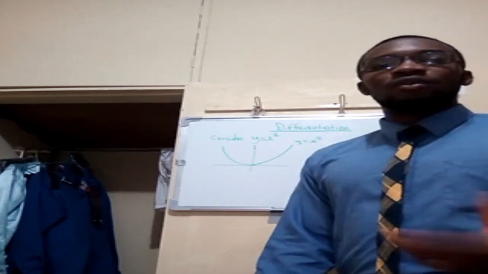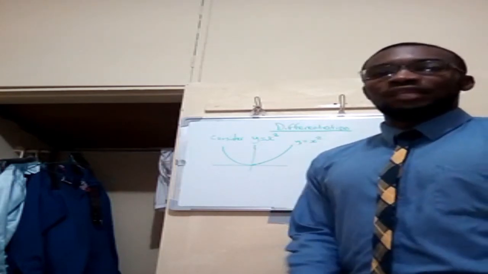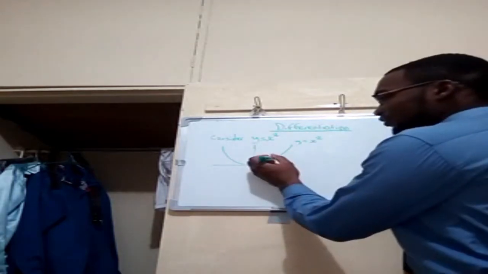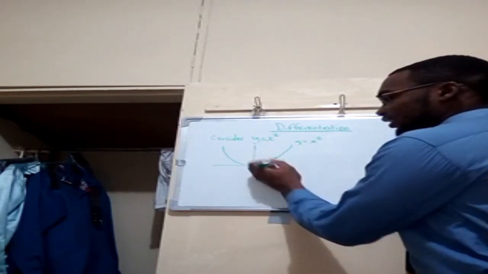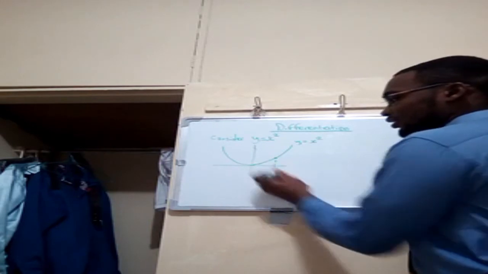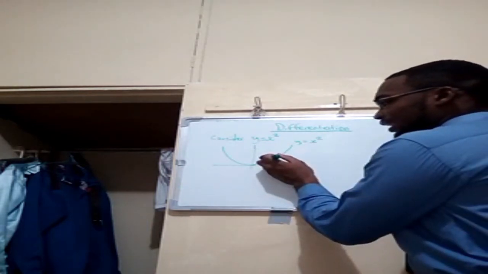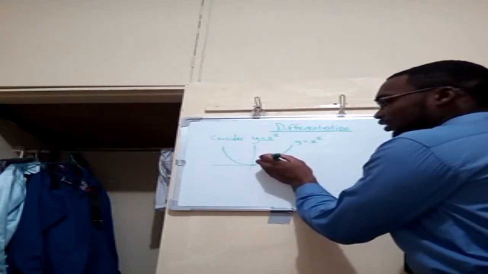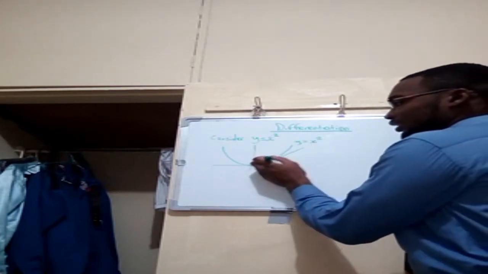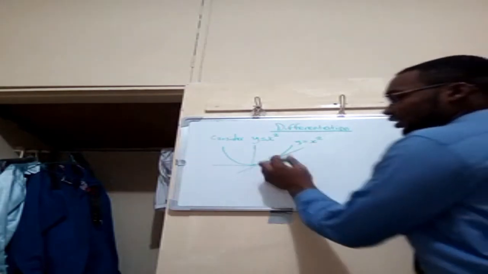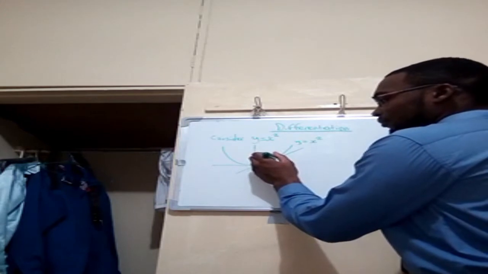You might wonder, what do I mean by tangent at that point? So if I wanted to find the gradient at this point right here, if you were to draw a line that passes through the curve only at that point, then this would be the gradient of the curve at this point.